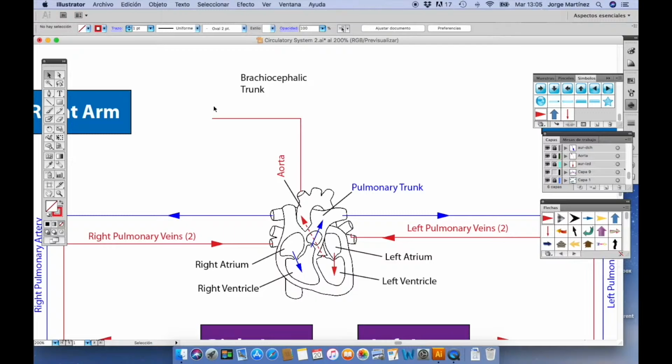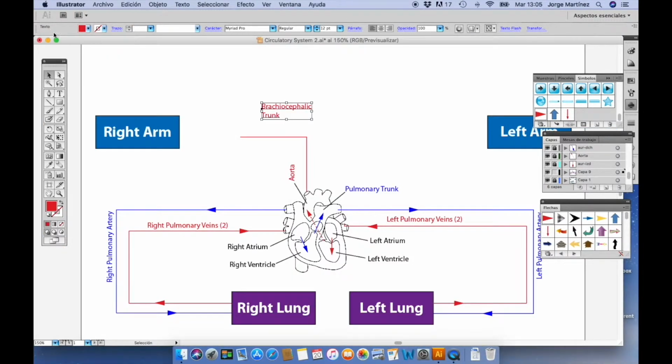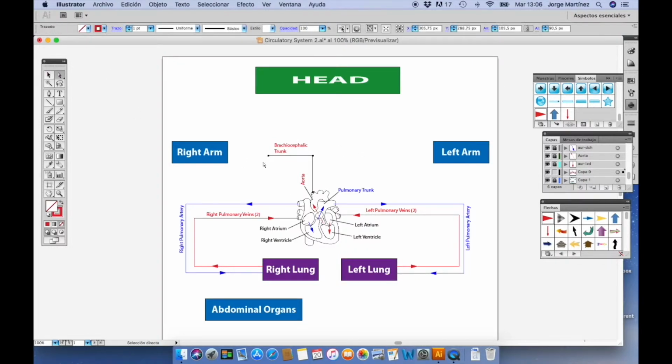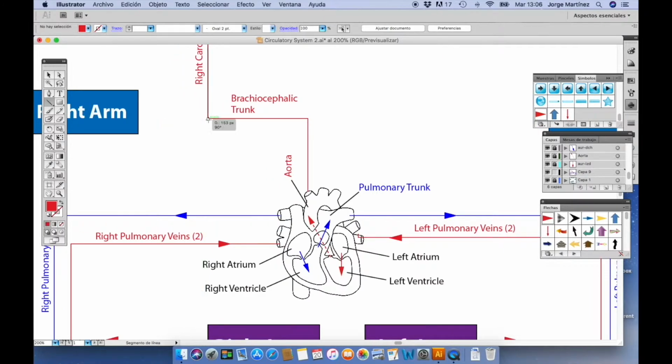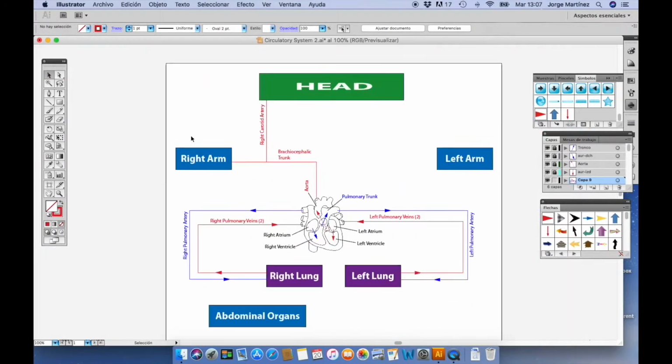The brachiocephalic trunk divides into two important arteries. The first one is the right carotid artery. The right carotid artery irrigates the right part of the head.